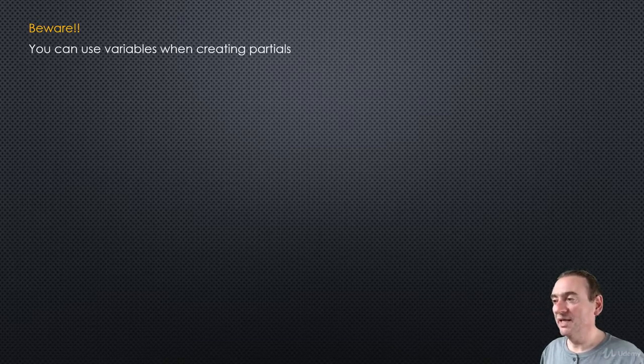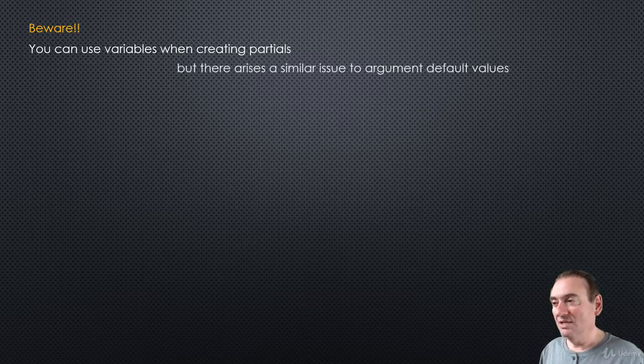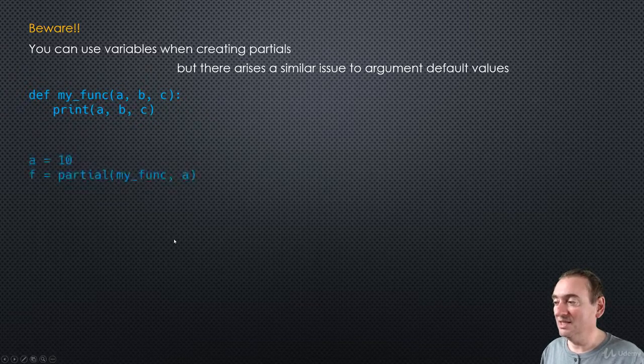Now, one other point that you should be really careful with is when you use variables when you're creating partials. There's a similar issue that arises to the one that we had when we were using default values for arguments. Remember that the default value for an argument was kind of fixed once the function was defined, right? Was created. Not when it was run, it was when it was created. So we have the same issue here. Let's go back to my func, 3 parameters a, b, and c.